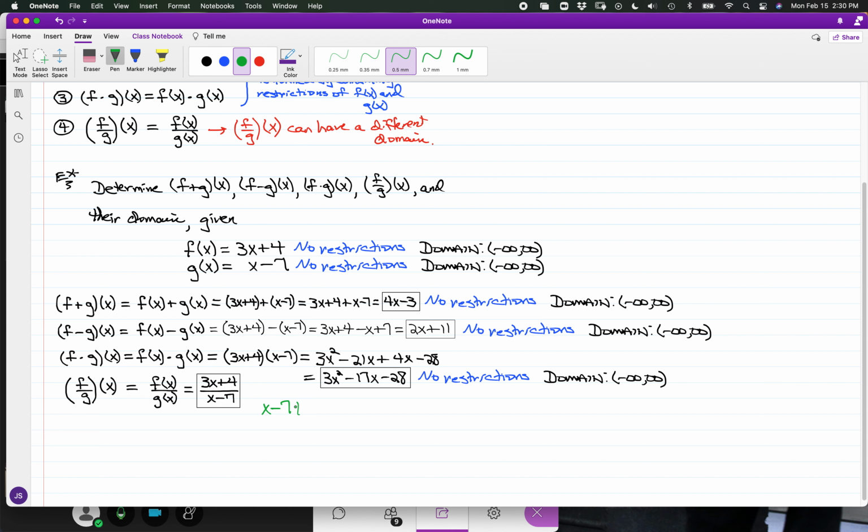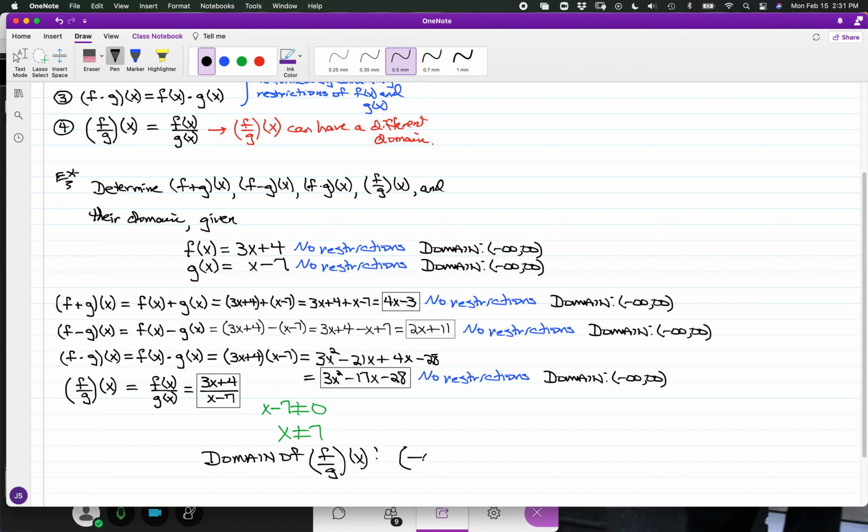So x minus 7 cannot be 0 in value, and in consequence x cannot be 7. So for the domain of the quotient function, instead of all real numbers, we have almost all real numbers, but with 7 excluded.